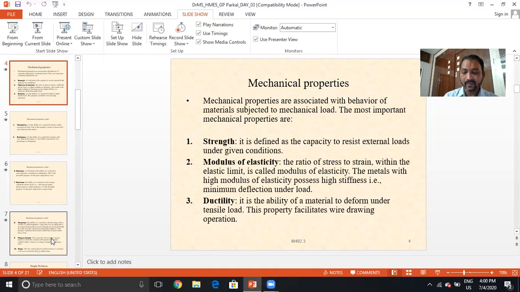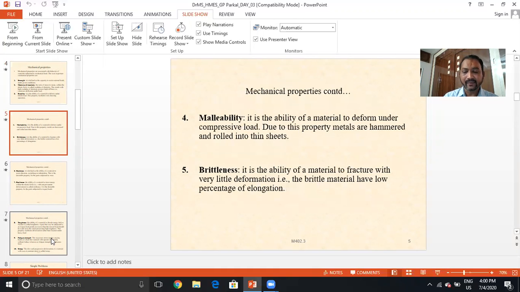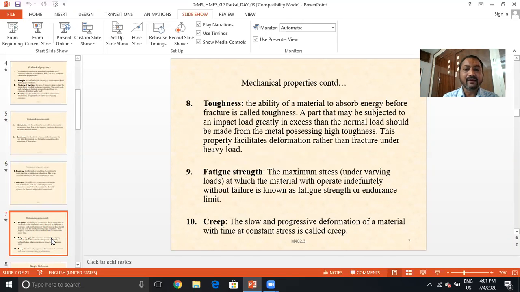For example, to select the material to make a connecting rod, because the connecting rod is subject to cyclic loads, it should have more toughness and more fatigue strength. So while selecting the material for the connecting rod, we should take these two properties.